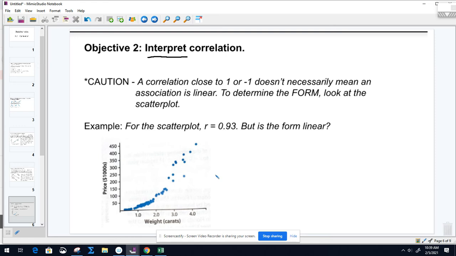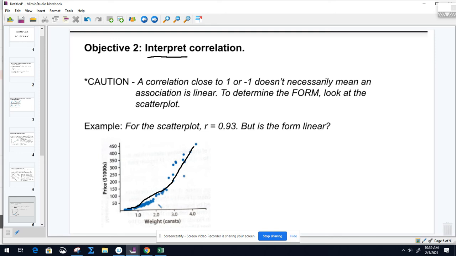We should be able to look at this and show that it is not linear. So you can see that this is not linear, so it doesn't automatically imply a linear correlation. Correlation alone doesn't provide any information about the form of association; we've got to look at the scatter plot.